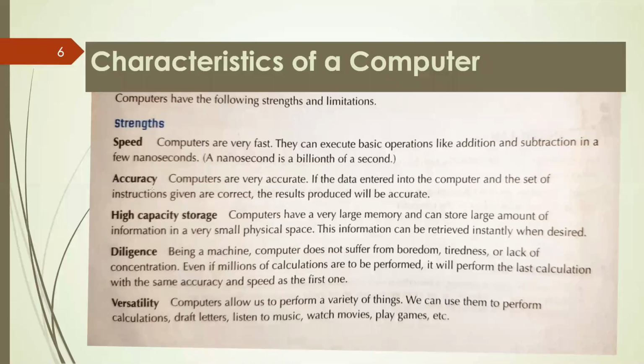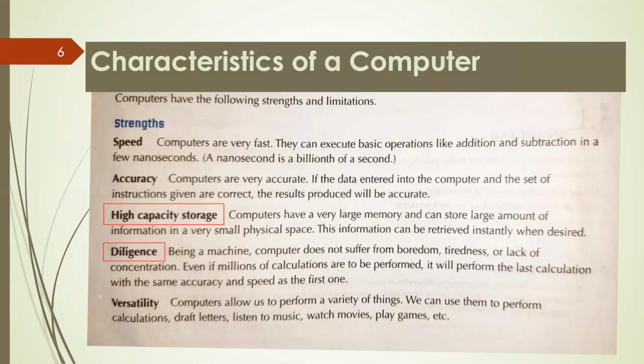So high capacity storage: in a small physical space, we can have a very large memory. Next is diligence. Being a machine, it does not feel tired or bored. The same performance at the beginning continues till the end, with the same calculation.